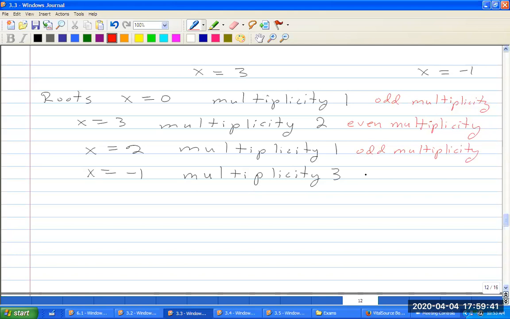And this is odd multiplicity. Let me give you some asymptotic behavior for this. Yeah, let me just tell you some asymptotic behavior for it.